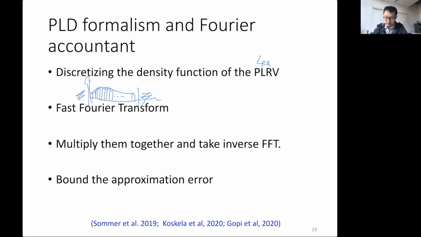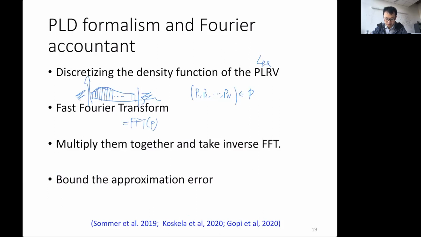So this will be a vector of P1, P2, up to P capital N, where N is a discretization factor, and let's call this parameter P. Then what they did is apply the fast Fourier transform of P, which is a linear transformation of P that gives you the Fourier domain representation of this density function.